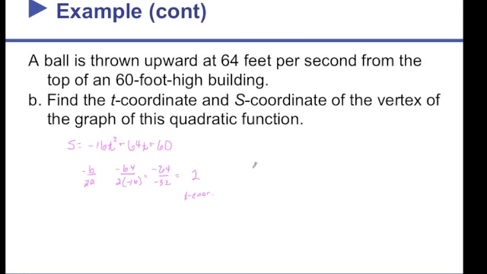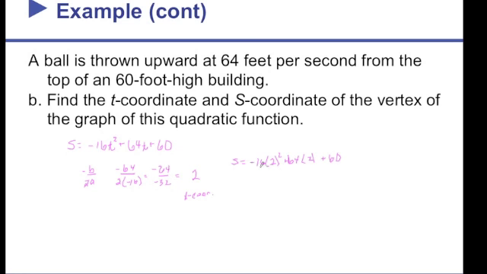And to find the s coordinate, we'll substitute that into the equation. So my s coordinate will be negative 16 times t squared, which is 2, plus 64 times 2 plus 60.